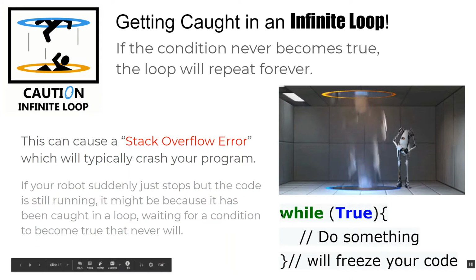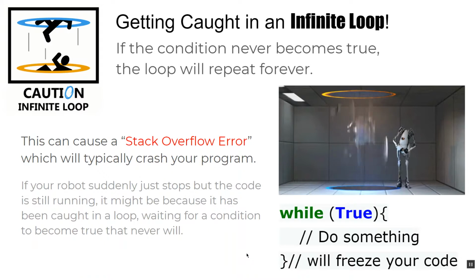Now, if you have something like this, while true, for example, this is a very risky sequence to write. Now, in robot code, you actually end up using this in the driver control period, because the driver control period can be an indefinite amount of time.